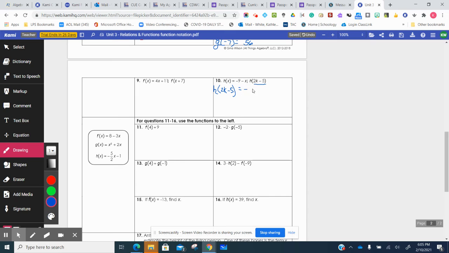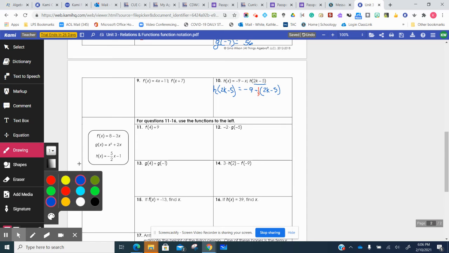So I'm going to have -9 minus, now remember, I'm going to substitute this in for x. And if you remember last year or even way back to the beginning of this year, we're going to do something funky here. And remember, I'm going to put in a 1 that's understood. And in this case, it's a negative.